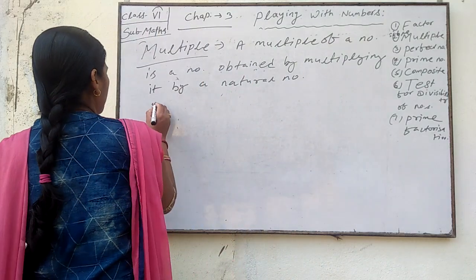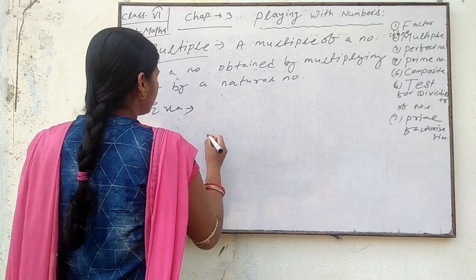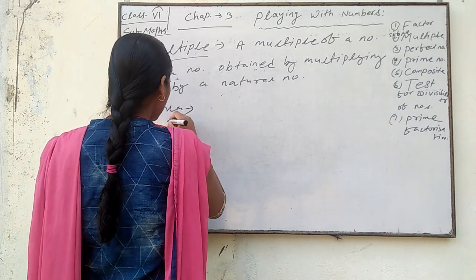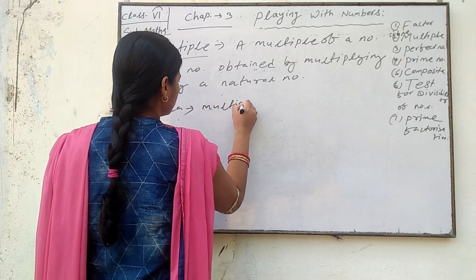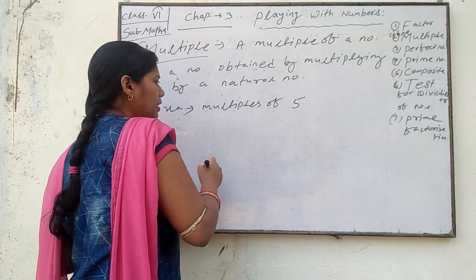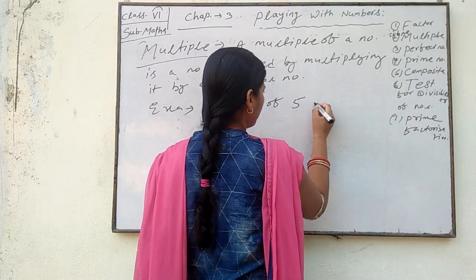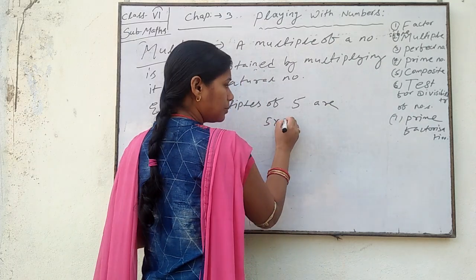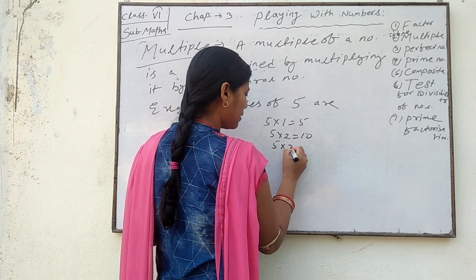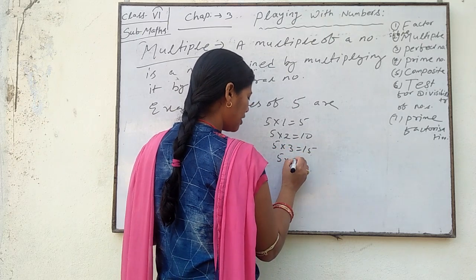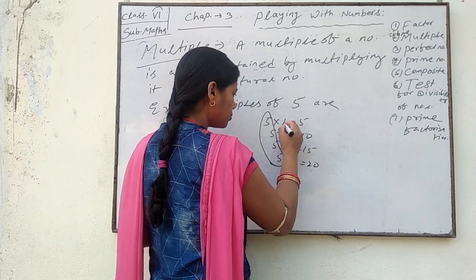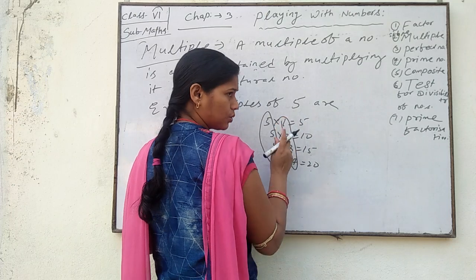Suppose the multiples of 5 are 5 multiply 1, 5 multiply 2, 5 multiply 3, 5 multiply 4. In this way, look here, this is your given number, and 1, 2, 3 are natural numbers.